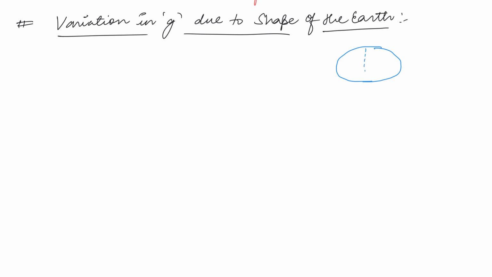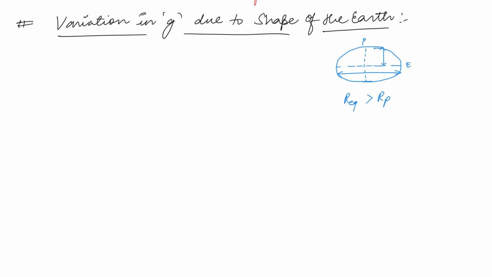If we measure the radius along the equator side and pole side, then we can see that the radius of the equator is greater than the radius of the pole. We also know that since the earth is an elliptical shape, or we can say ellipsoid because it is a 3D diagram, the semi-major axis is this one and the semi-minor axis is this one.